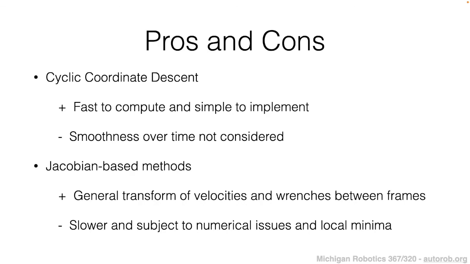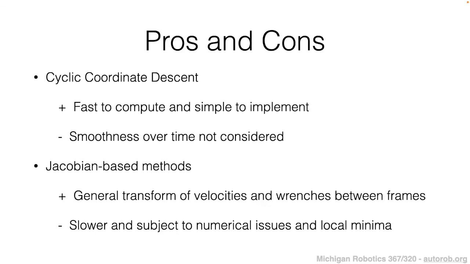So in contrast to that, the Jacobian-based methods, which we focused on in this lecture and which we'll focus on for our assignment 5, have the benefit of being a general transform of velocities. So they'll work across robots, where the high-level approach can translate across robots.